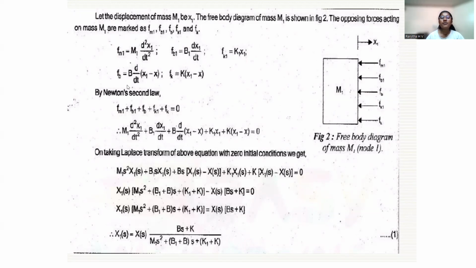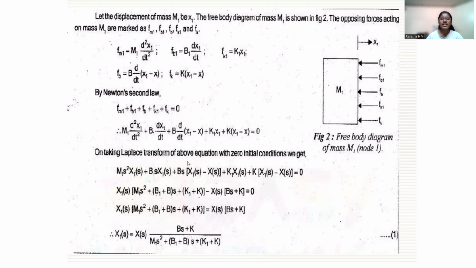And also B is acting on both M1 and M2, so we take it as b into d by dt into x1 minus x2. Then Fk is equal to k into x1 minus x2. By Newton's second law, Fm1 plus Fb1 plus Fb plus Fk is equal to 0. We are going to add all the forces.